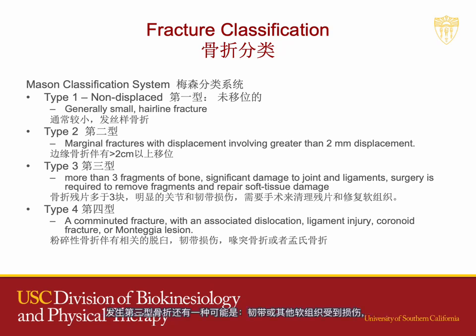There's also that possibility that the ligaments or other soft tissue were damaged with a type 3. And then with a type 4 fracture, you're likely going to get a dislocation. So with a dislocation, you're definitely going to have ligament damage. And so you probably need to consider that there's going to be a lot of different tissue, not just the bone, involved when you're doing your rehab.